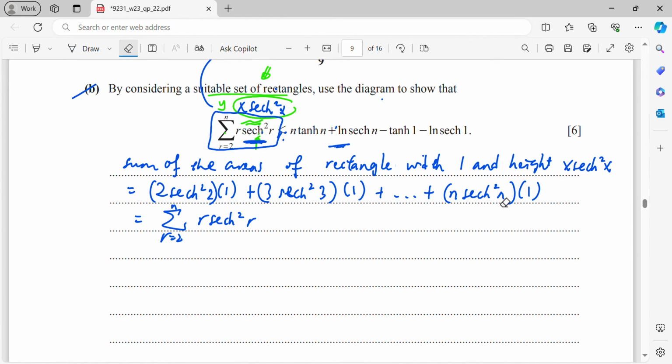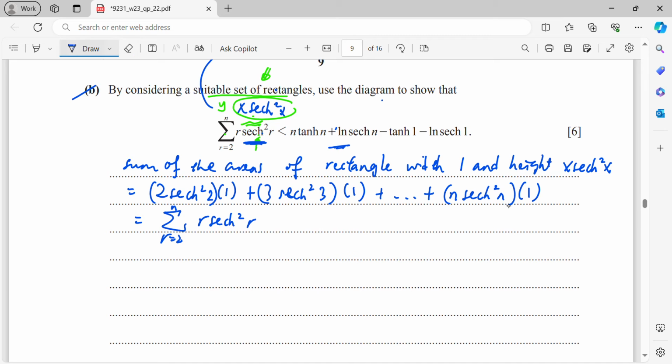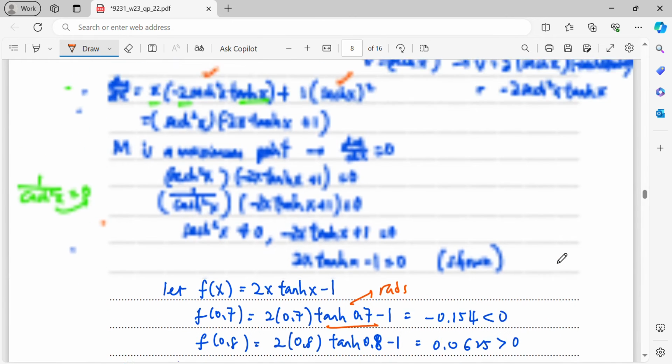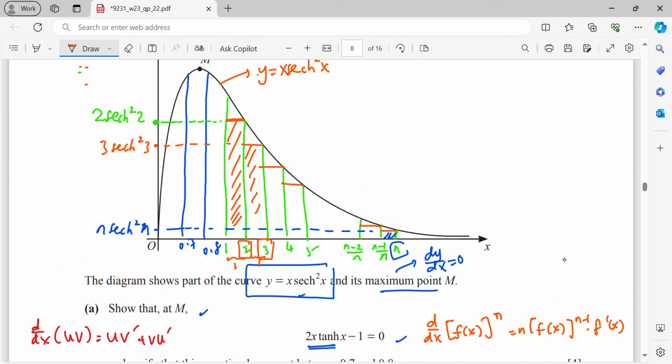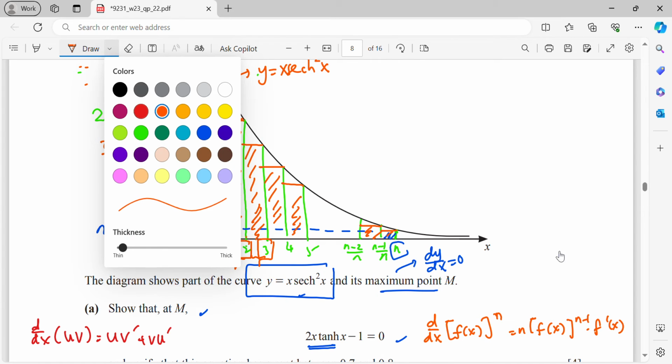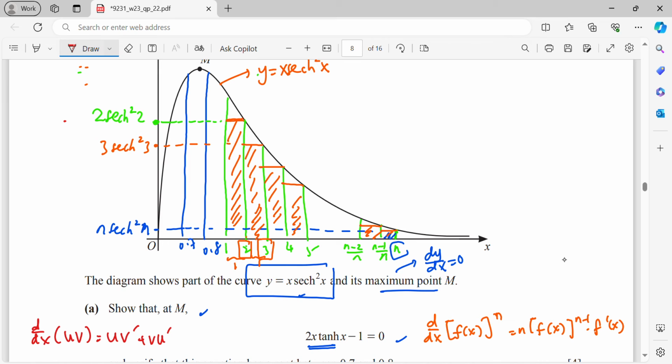So when it is less, that means, look at the graph. Basically, the total area of the rectangles is less than the area of the graph. Because the area of the graph is basically all this from here onwards. So this will be the extra. All this will be the extra part.